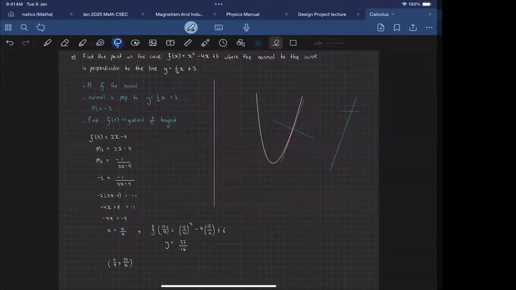If you know the gradient of the tangent is a half, then you could find the first derivative, which is the gradient of the tangent. You could substitute that the gradient of the tangent is a half, and you could find x.